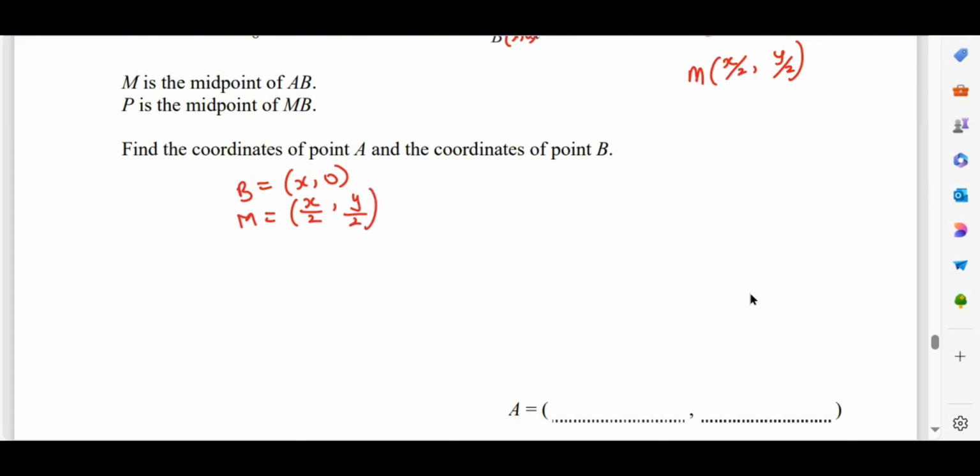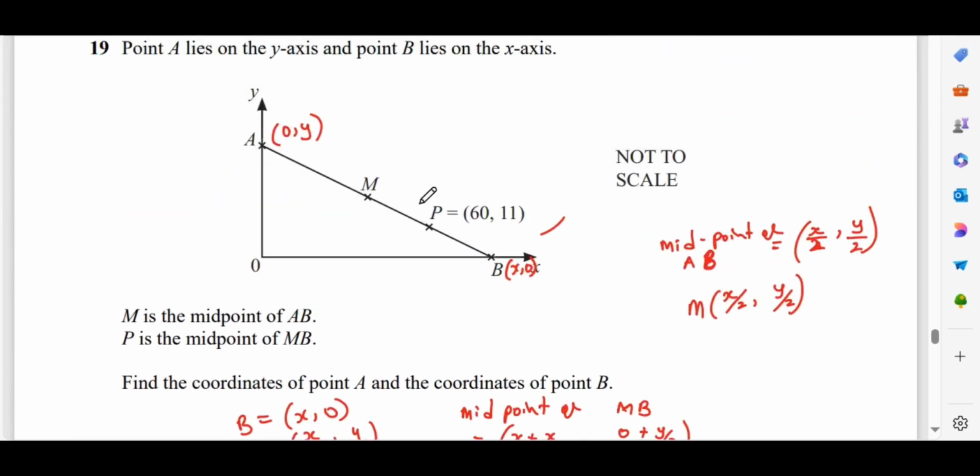The midpoint of MB is going to give us (x plus x over 2) over 2 for x. Then (0 plus y) over 2 for y.